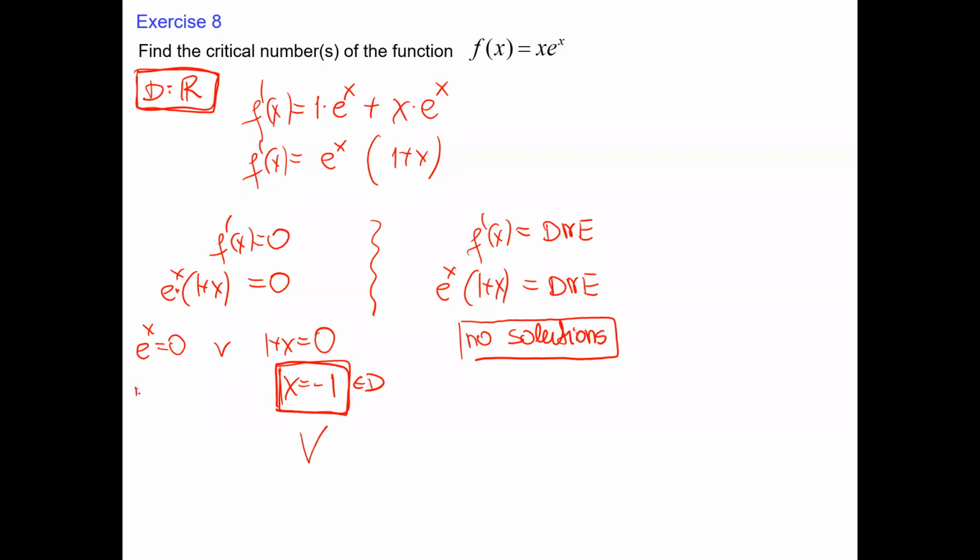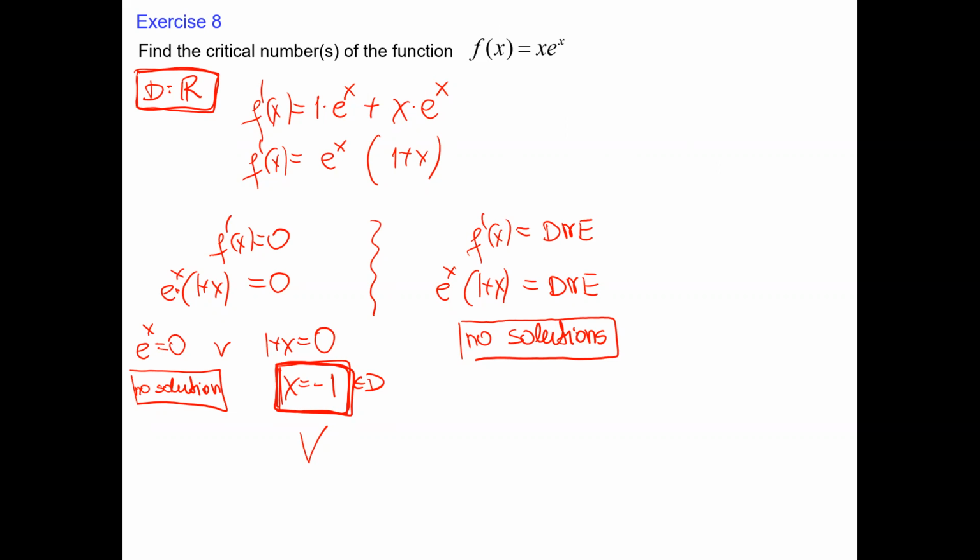But e to the x is never 0. e to the power of any number is always a non-zero number, and it's actually always positive. No solution from this. So only -1. You may use Desmos to find the graph. But -1 is the only critical number.